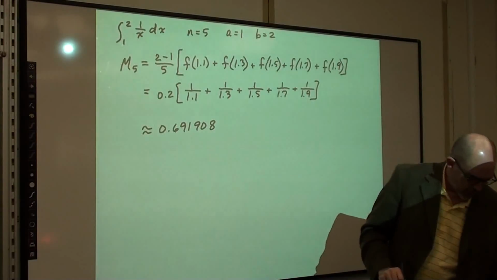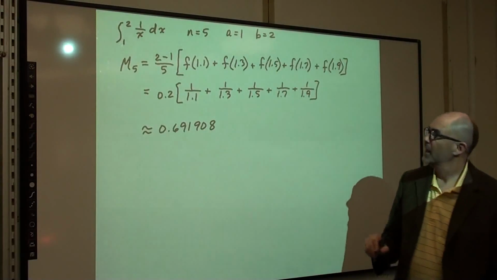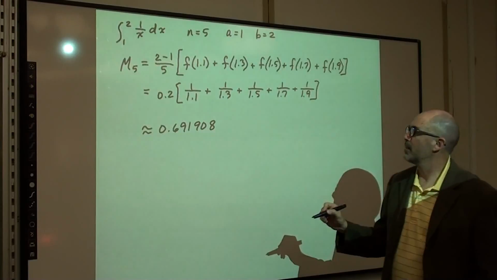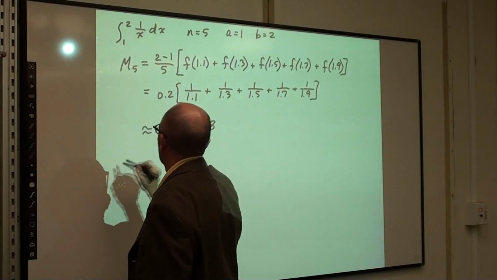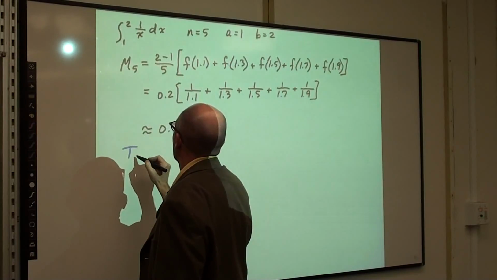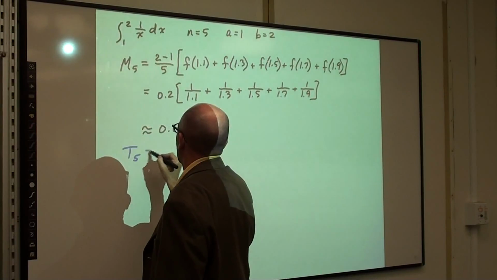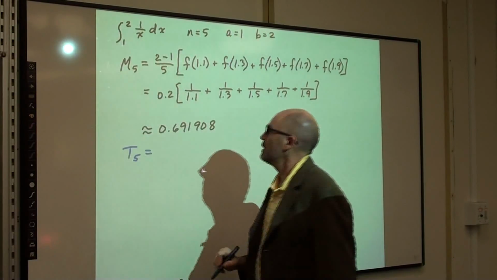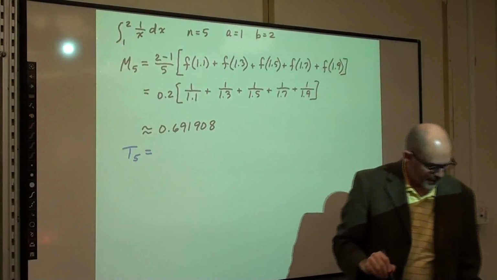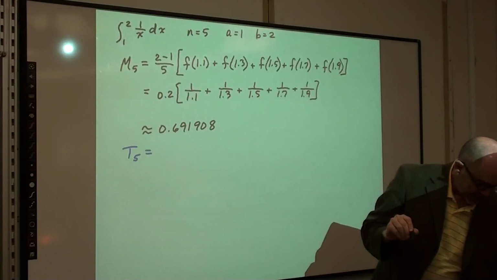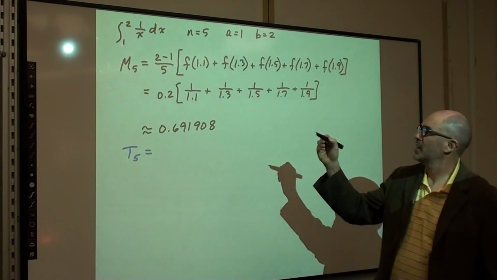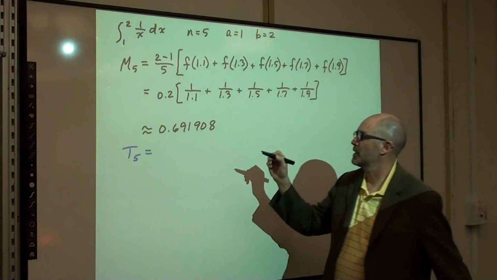Okay, so there's our midpoint. Now we want to do our trapezoidal approximation. So our trapezoidal approximation is going to be delta x over 2. We still have our same delta x, which is 0.2.